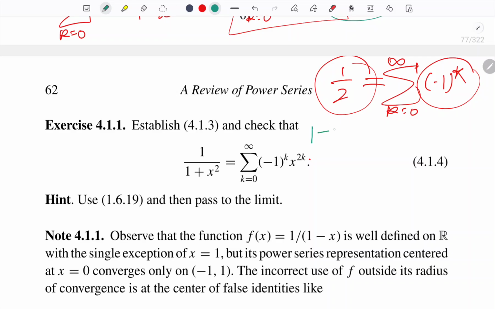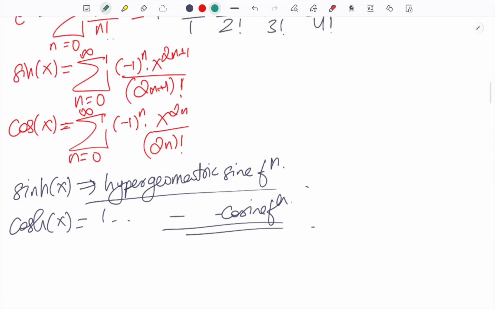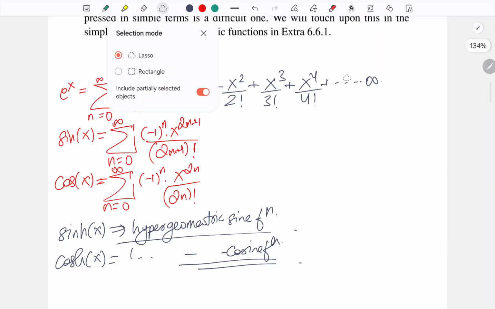And -1 to the n is -1, +1, -1, +1, -1, +1, -1, and this goes to infinity. And this is just 1 over 2. How cool is this. And I want to explain something about this thing, so I'm just going to write this over here, and I'm going to erase all the stuff.